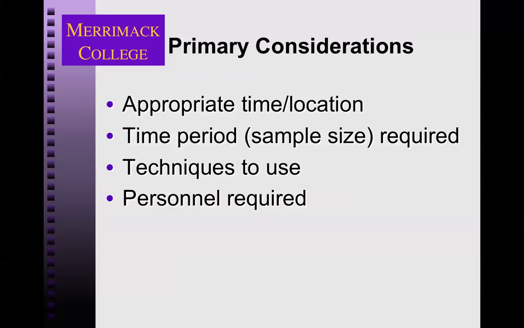So do I want AM peak, PM peak, or what? What day of the week am I going to do, and so forth. How are you going to lay it out? Who will be sitting in that lawn chair by the side of the road counting the cars, and where will you be situated? What time period? So you typically, as I said, for peak hour, you probably need about an hour and a half or so, overlapping each side of that peak hour.